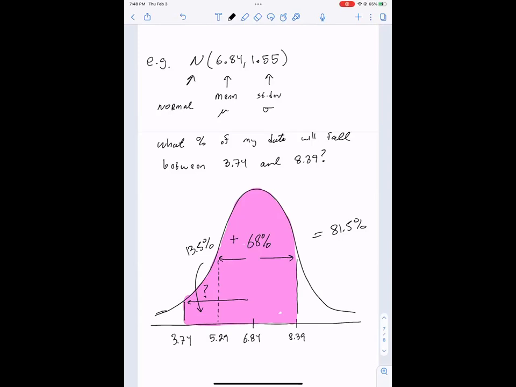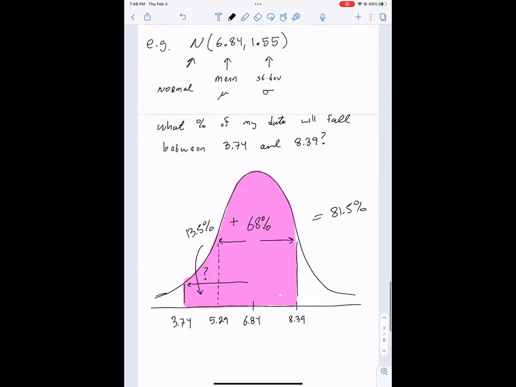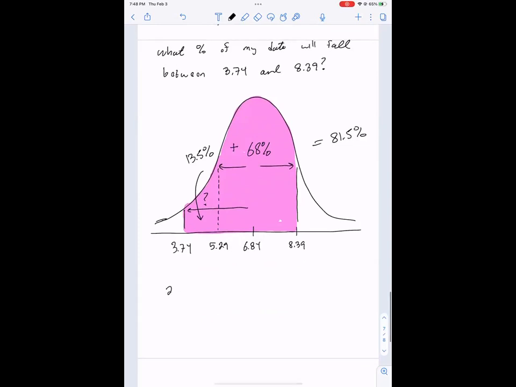Now, let me show you how to do it on your calculator. Does anyone here have a TI-84? I do. I would like you to hit second, then the VARS button, because above the VARS is DISTR, distribution.